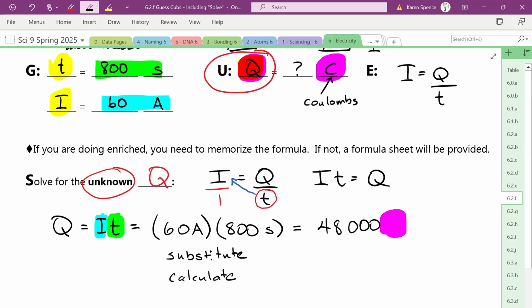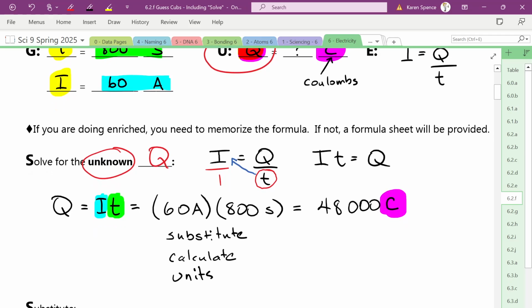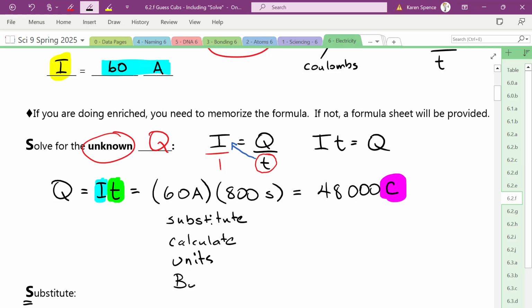So we're going to put coulombs there. So we've calculated, we have our unit. We're going to put a box around it. And then we either need to stop at a reasonable number of digits, which would give us what we have right there. Okay, so that would be a perfectly fine answer.